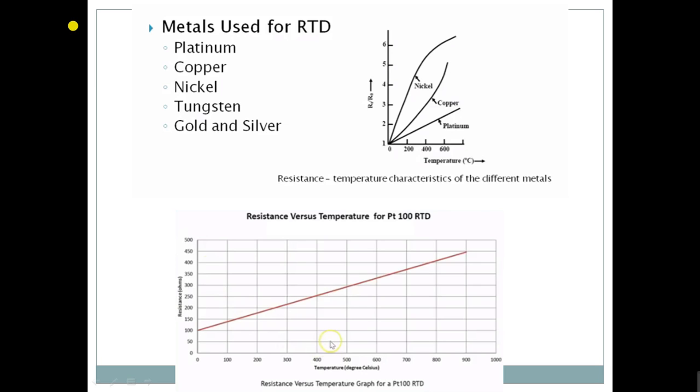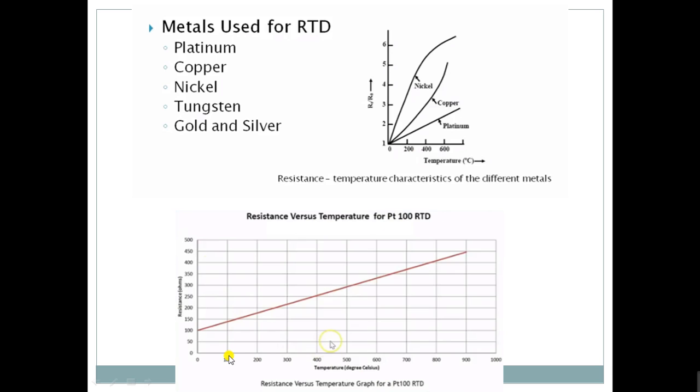It has the best accuracy and stability, and it has very high resistivity, so only a small quantity is required to fabricate an acceptable sensor. Tungsten, gold and silver are very rarely used. This RTD typically operates within the broad temperature range of minus 200 degrees Celsius to plus 500 degrees Celsius. See here this term PT100 RTD, which I will explain in later slides.